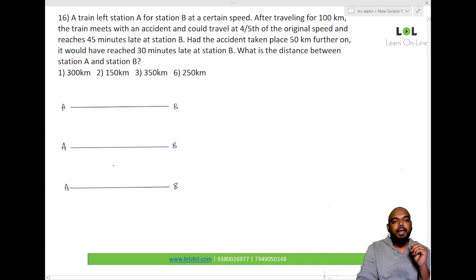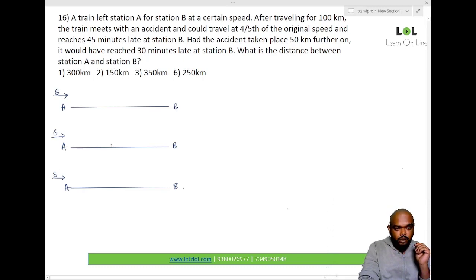Okay. A train left station A at certain speed. Let's consider the speed of the train is S in each scenario. Now what is happening? After 100 kilometers, the train meets with an accident and could travel at 4/5 of the original speed and reaches 45 minutes late.